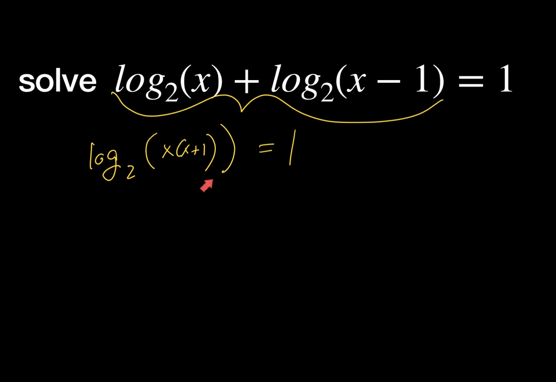Certainly. I'm going to convert this into exponential. My base is 2. My exponent is 1. And it will equal what's inside of the logarithm. x times x plus 1. Oh, it's an x minus 1. Up here it's minus 1, and I wrote it as a plus, so I need to change that.